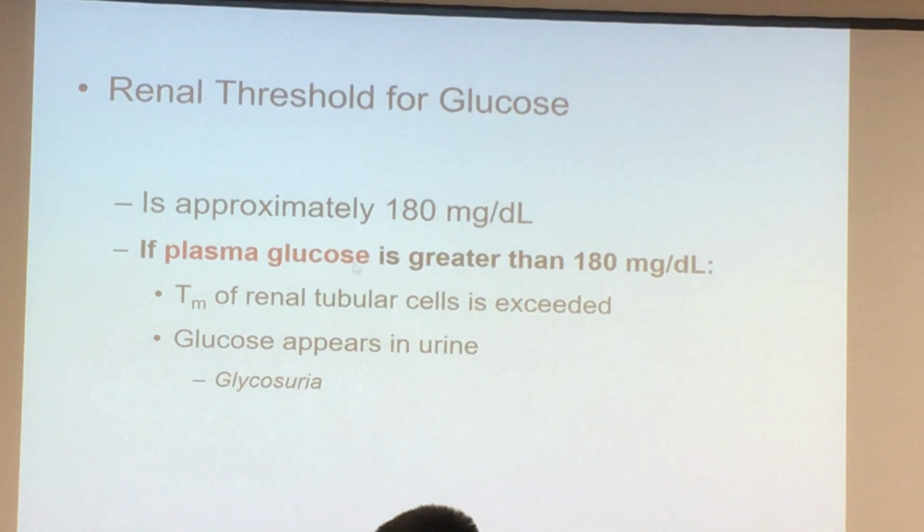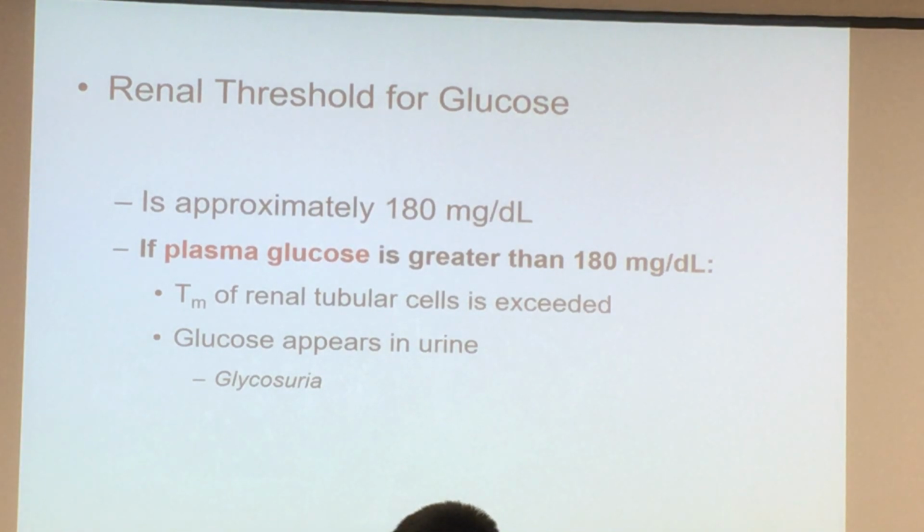If the plasma glucose concentration is greater than this, the extra will go to the urine, and we call that glucosuria. Okay, but keep in mind the glucose concentration in our blood or plasma is about 100 milligrams per dL.